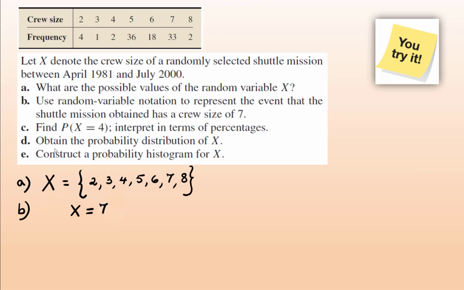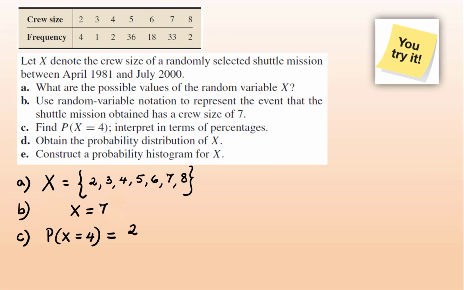And the probability that x is equal to 4 will be 2, the frequency, divided by, well, let's just calculate the total number of frequency, which is 4 plus 2 plus 36 plus 18 plus 33 plus 2.